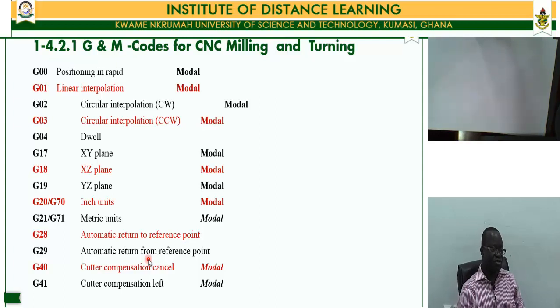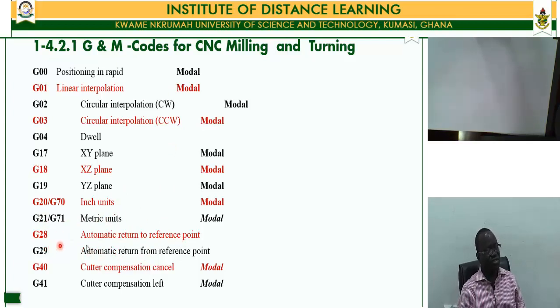And then we have the G02, which is called a circular interpolation, which is a circular feed move. And then we have a G03, which is also a circular interpolation in the counterclockwise direction. We have a G04, which is dwell.